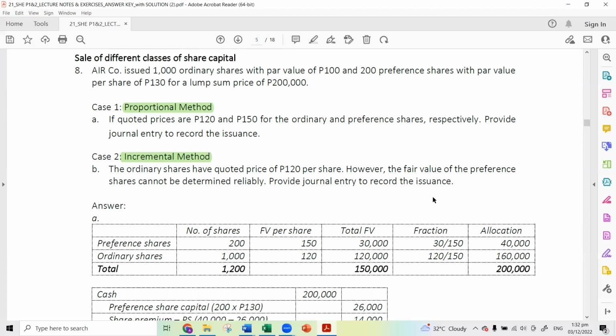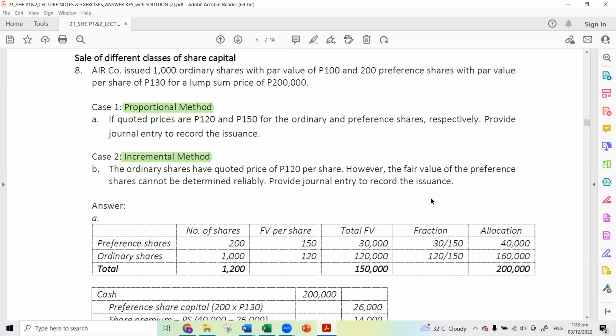While the incremental method is used if one class of shares has a determinable fair value. Such class is assigned its fair value, and the excess of the lump sum price is assigned to the other classes of shares that do not have a determinable fair value.